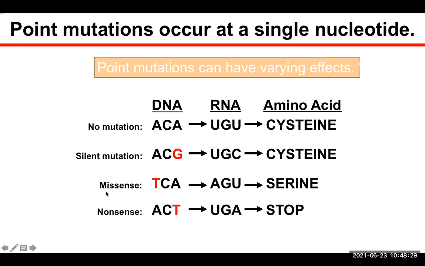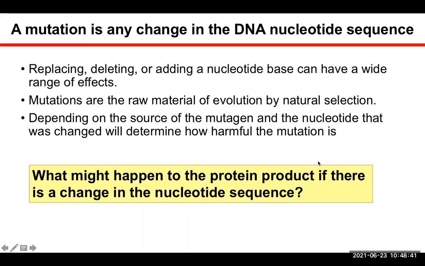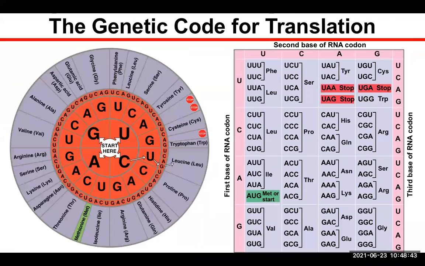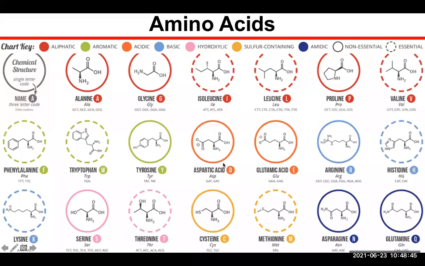Then you have these other mutations called missense mutations. Basically, this is when you change one of the letters and it encodes for a completely different amino acid. Going back to the amino acid chart, how similar the amino acid looks will determine how well the protein functions.